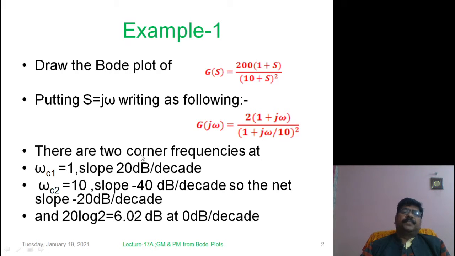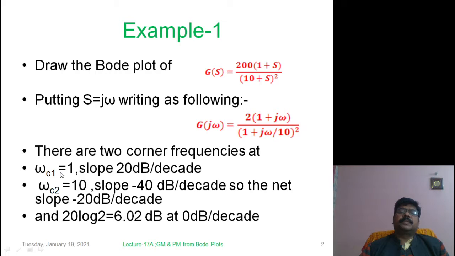So this Bode plot will have three parts. First part is for this constant, the second is for the lower corner frequency, meaning the factor 1 plus j omega, and another will be 1 plus j omega by 10 whole square.